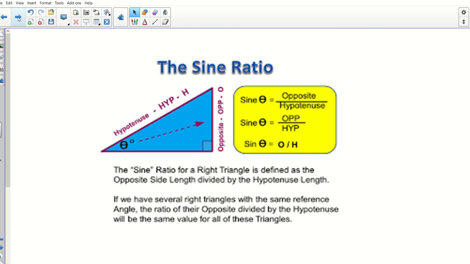That is the ratio that defines sine for all right triangles. In the yellow box, you'll see the ratio written out, the abbreviated ratio, as well as the super abbreviated ratio: sine of theta equals O divided by H. It's important to remember that there is something after the sine, and that is the angle. That's what theta represents.